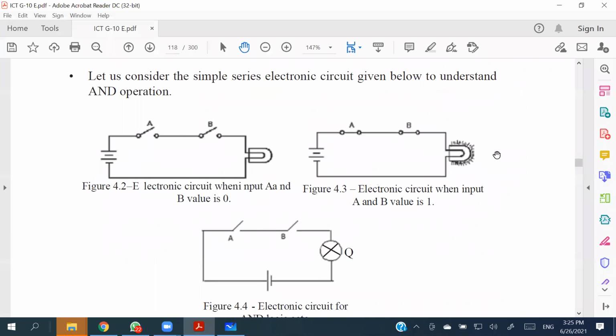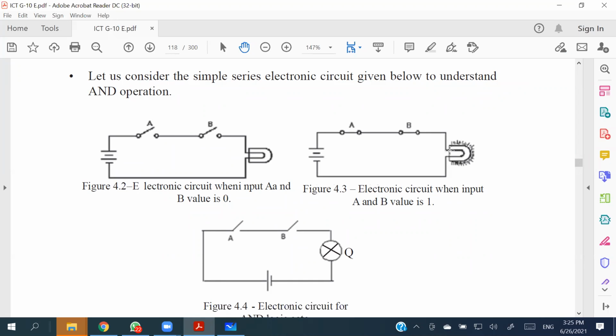The inputs of this AND gate circuit are A and B. If we take them according to science, these are switches. A and B are switches. To light up the bulb, both the switches should be closed. They take the closed position of a switch as 1 and the open position as 0.